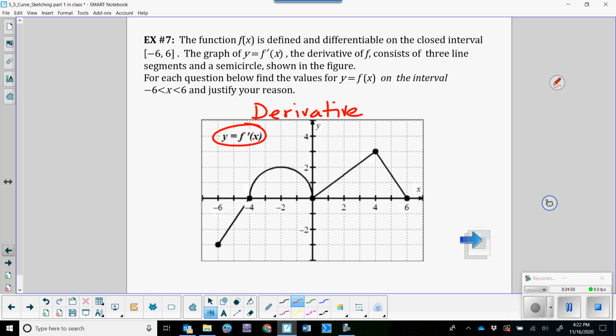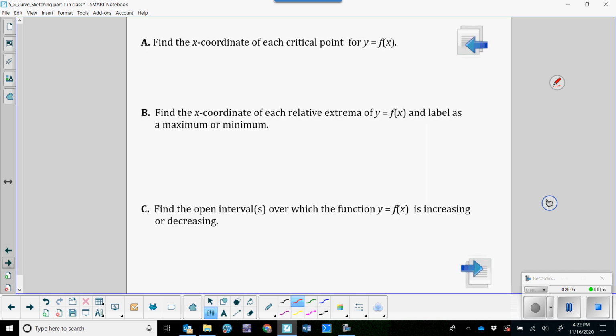So critical points would be where the first derivative equals 0, and that's going to be at -4, 0, and 6. That's where the first derivative equals 0, or would be undefined, which we don't have that. So critical points occur at -4, 0, and 6.